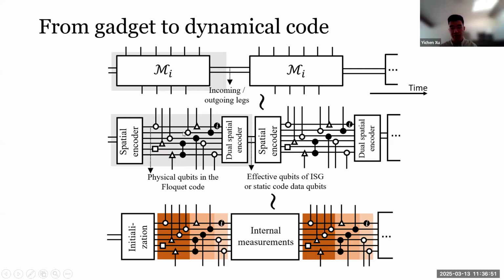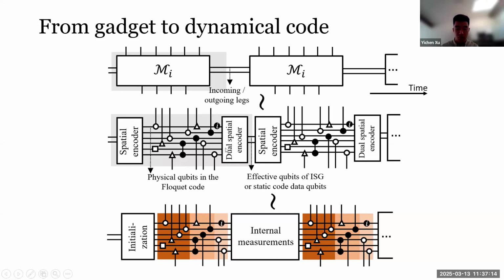You can have all sorts of different dynamics based on our algorithm that determines the gadget itself. And finally, the diagram goes through the third stage, where all these physical qubits merge into the outgoing legs, which host the static stabilizer code that you want.